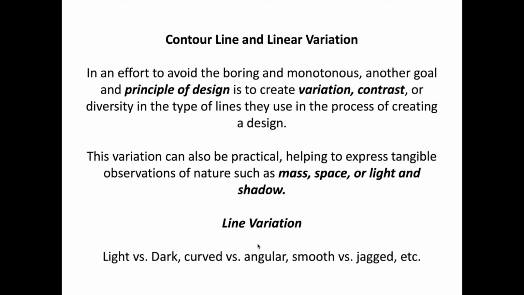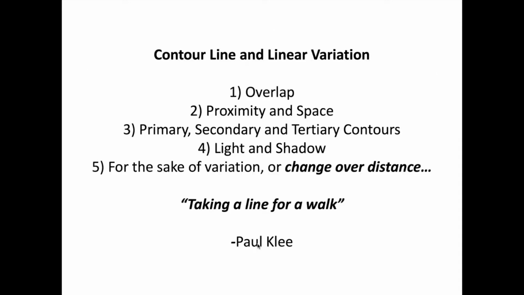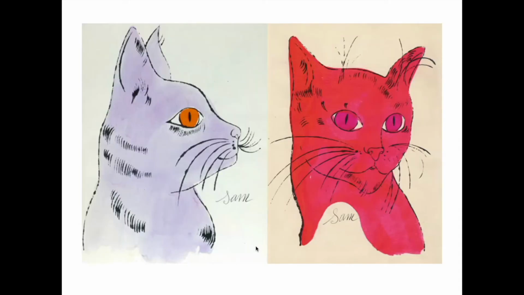And it can be all about, I think in the case of Andy Warhol, for instance, it's less about creating space than it is about just creating various lines that are aesthetically different and dynamic. Although there is some spatial reasoning here, where this line becomes broken and faint versus this line, which becomes very thick.